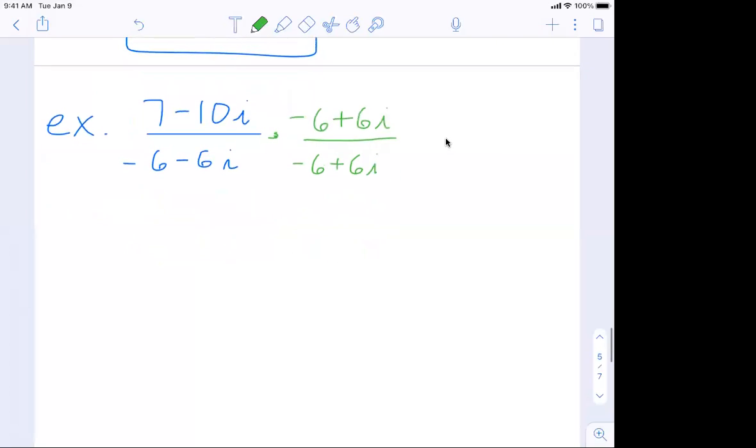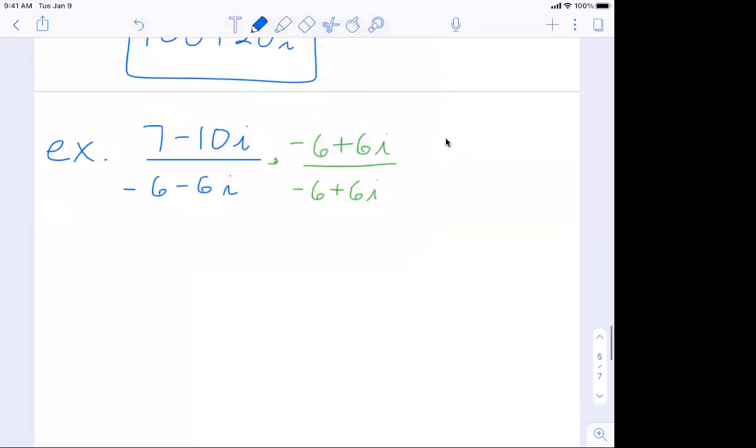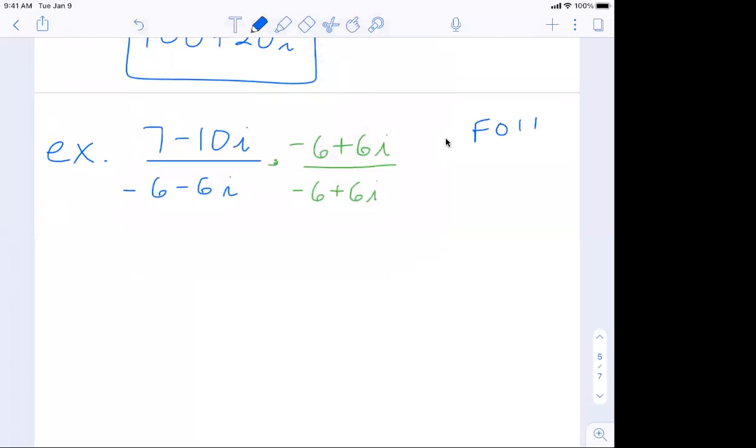And so now this is a double FOIL problem. We got to FOIL the top and FOIL the bottom. It's going to be a little bit of work, but we can FOIL. It's just multiplying, adding. So 7 times -6 is going to be -42. 7 times 6i will be plus 42i. -10i times -6 will be plus 60i.